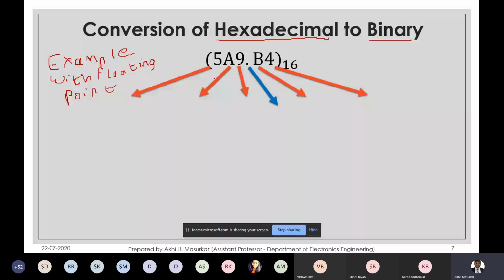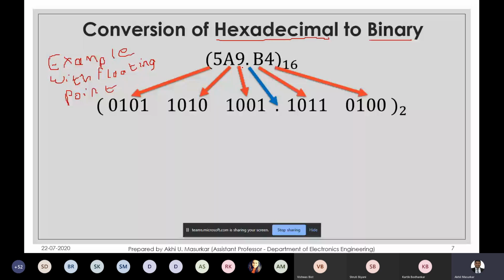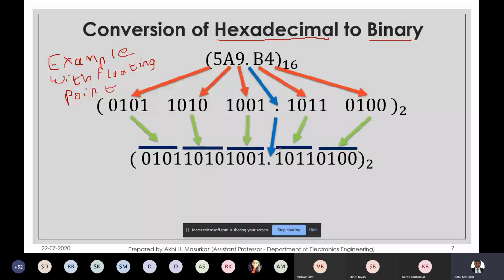So what you do is just write the binary of 5, binary of A, binary of 9, and then the floating point. There is no binary of floating point, so we write the floating point as it is. Then B, and then 4. Then combine it. So I'm removing the spaces from here, and I get the left side of the floating point. I remove spaces from here, and I get the right side of the floating point.